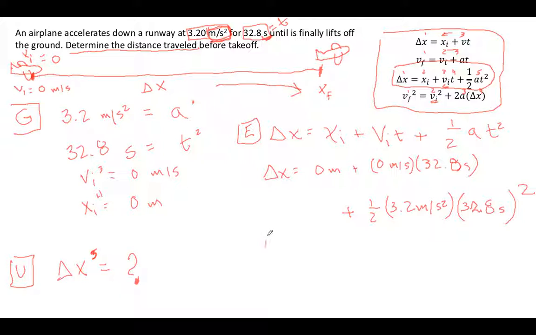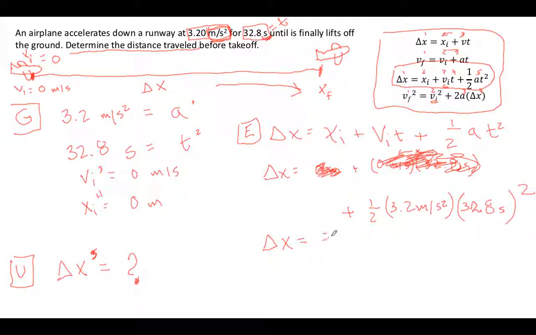Okay, so we can simplify that even more because this is 0. So if it's 0, it doesn't add anything to the equation. So let's take that out, and then this is 0 times 32.8. So anything times 0 equals 0. So you can get rid of that too, because those are both 0.